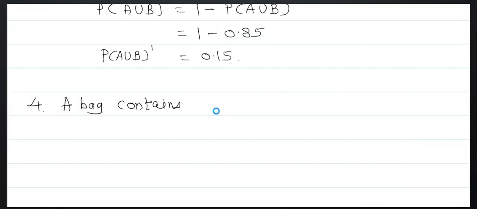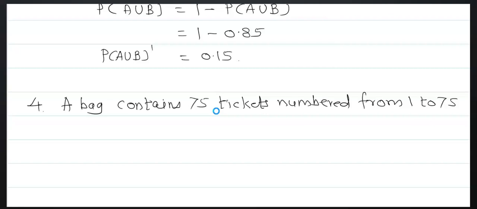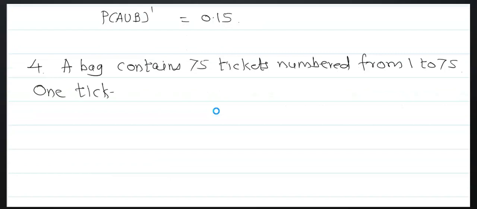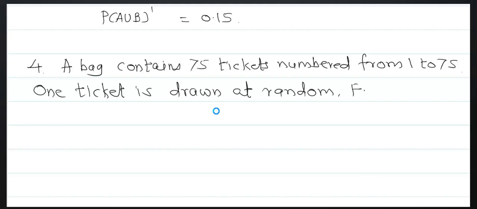Now the next, problem number 4. A bag contains 75 tickets numbered from 1 to 75. One ticket is drawn at random.